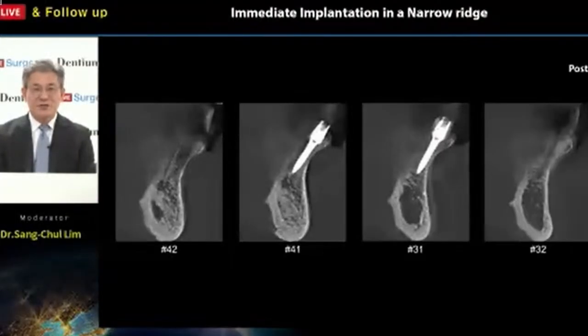So that is why we choose the proper socket for the implantation. Very nice, well done insertion on the cancellous bone area, even though there are labial concavities on this 31, 41 area.